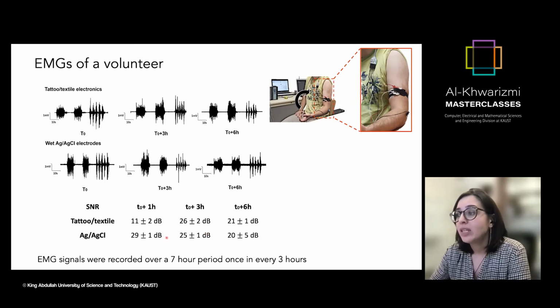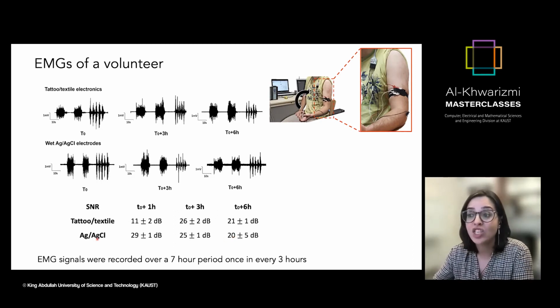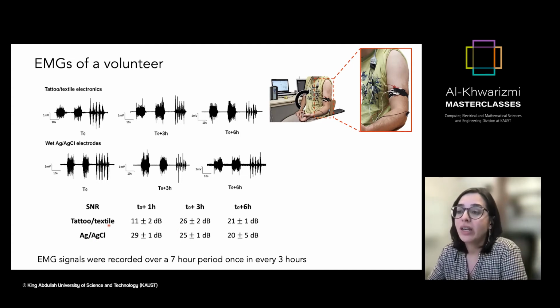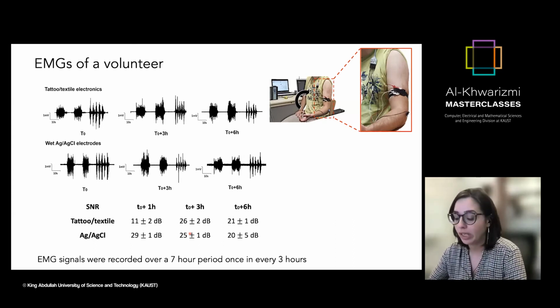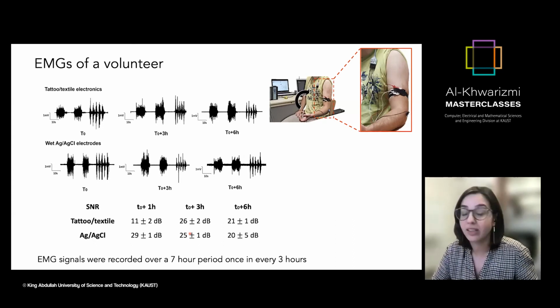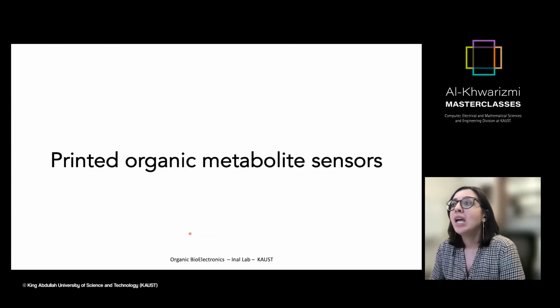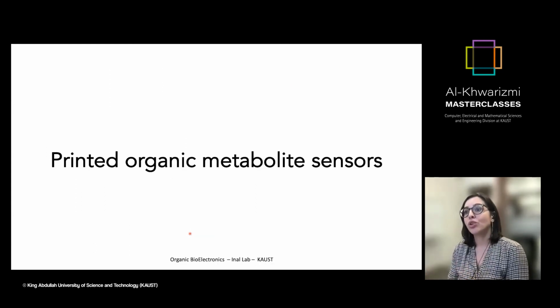Over time, the Ag/AgCl electrode quality decreases because we are losing the gel that makes Ag/AgCl special, whereas the flexible and dry tattoo-textile electronics gets better as the skin also produces some sweat. But that sweat is not affecting the Ag/AgCl much because of the degradation of the gel electrodes.